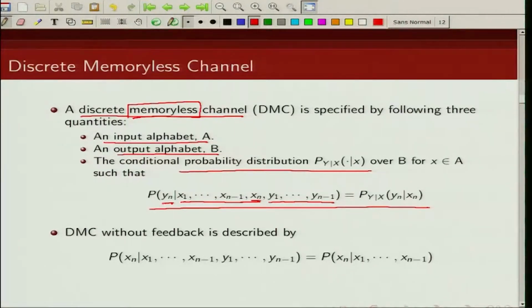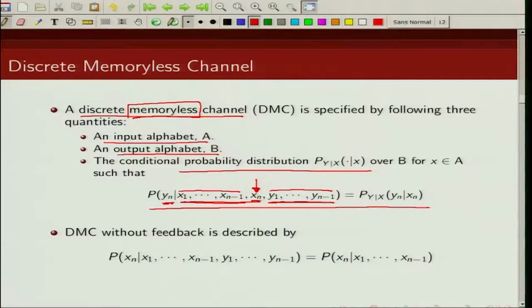So the probability of yn given x1 to xn minus 1, xn, and y1 to yn minus 1, only depends on the present input. It does not depend on past values of the x's, and it does not depend on past values of the y's. It only depends on the current value of x.